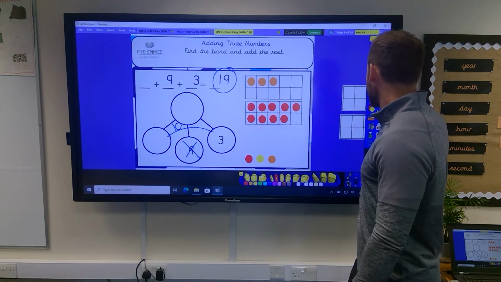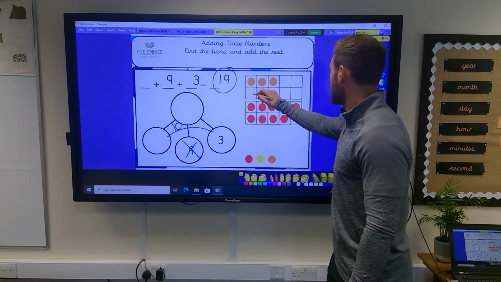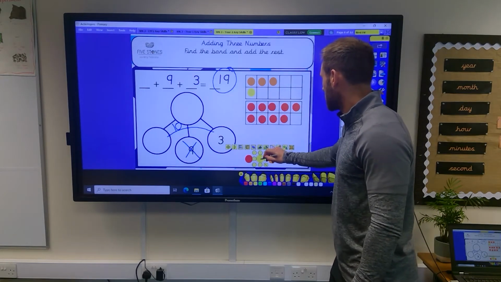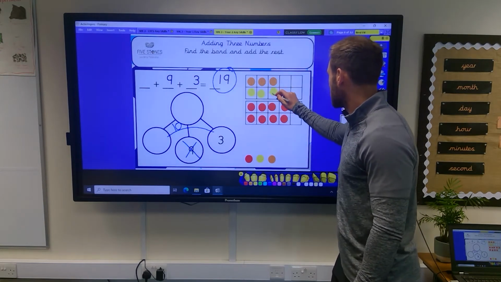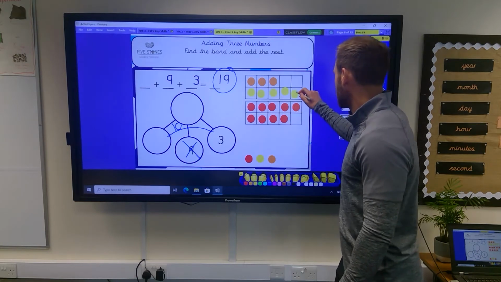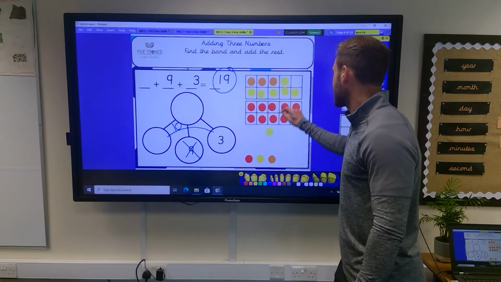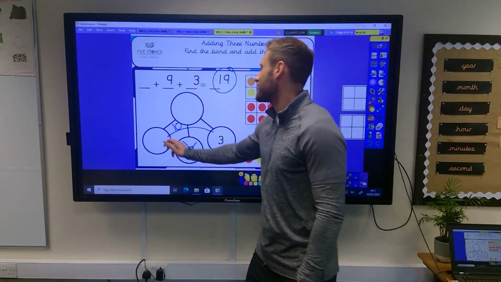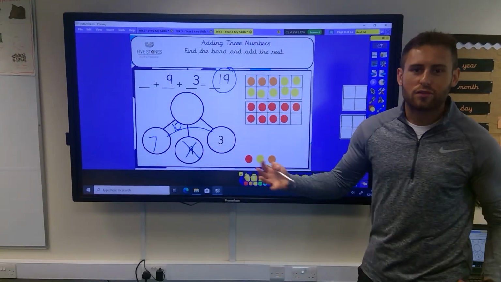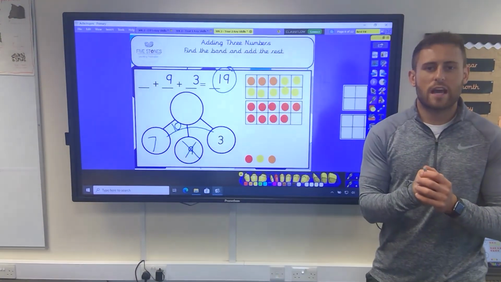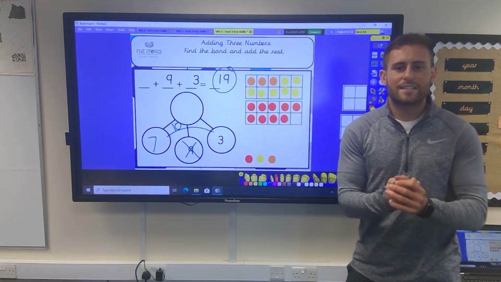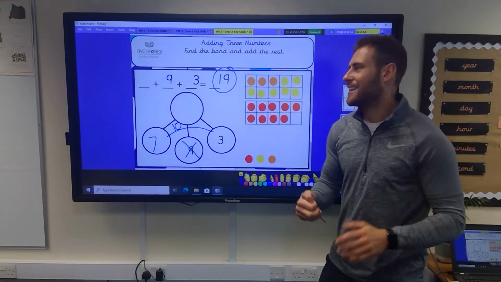Got my part of 3, my other part must be 1, 2, 3, 4, 5, 6, 7. Yes, you should know that a bond of 3 and 7 gives you that part of 10. 7 and 3, 10. 10 add 9, 19.